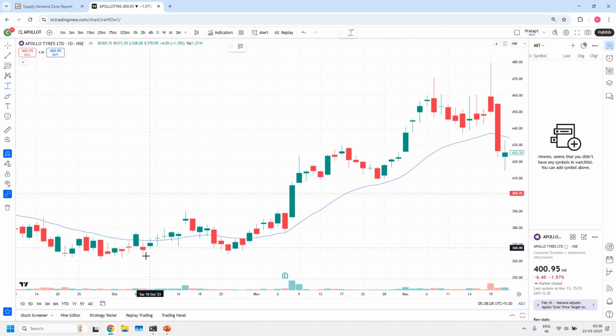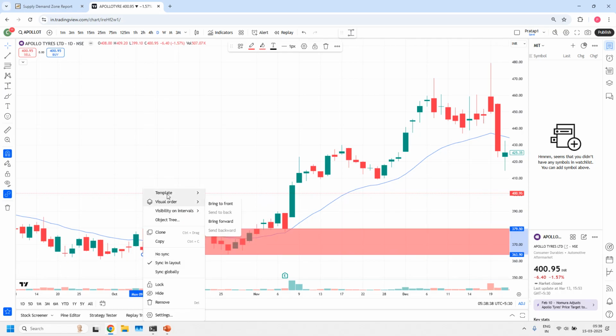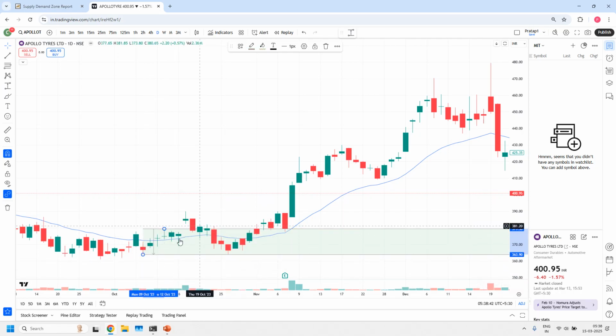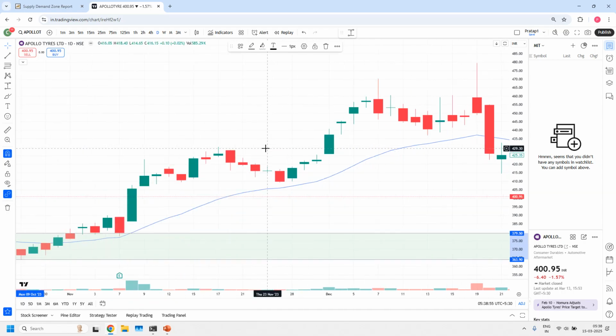So that's why till this low of this candle you have to draw the distal line. Okay, this is how we are drawing the zone. So this is the daily demand zone. So this is the drop, 1, 2, 3, 4, 5 base candles and a rally candle with hidden body.